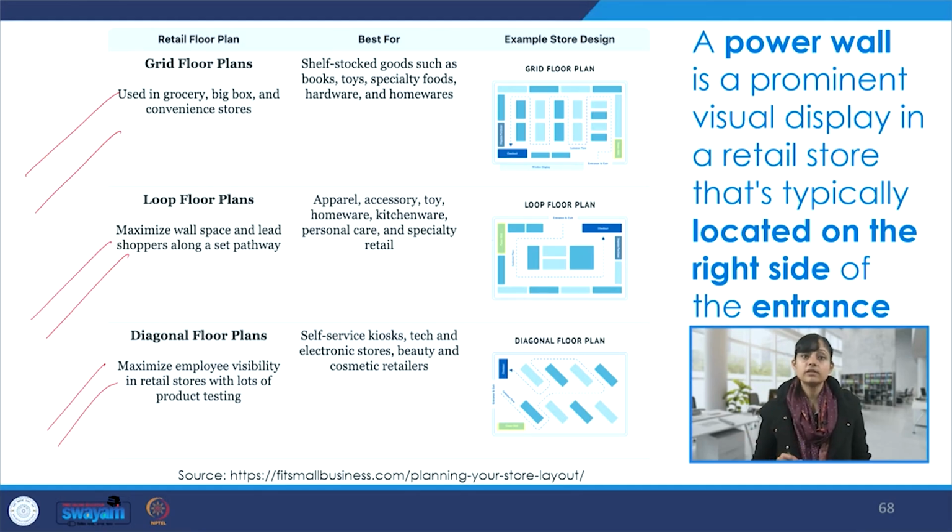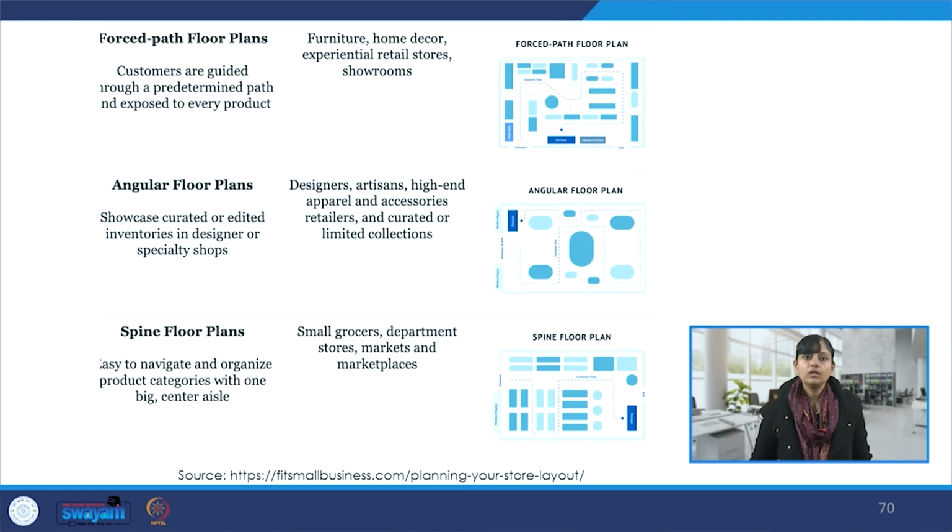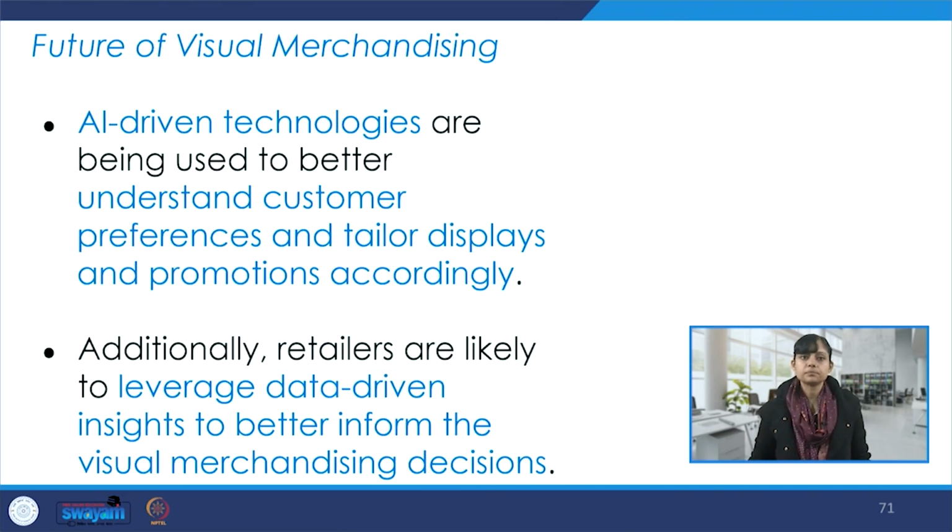And we discussed the grid floor plans, loop floor plans, diagonal floor plans, the herringbone floor plan, boutique, free flow, forced path floor, angular floor, and the spine floor plans. And a very interesting discussion on what these particular layouts do to the retail store and how the circulation is achieved, what is the impact.